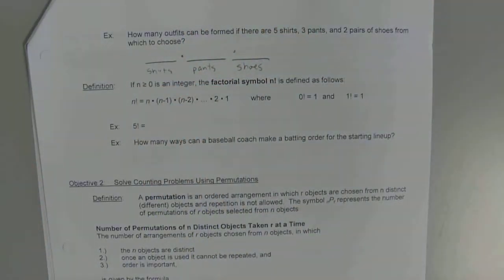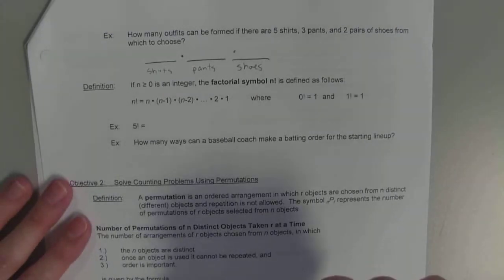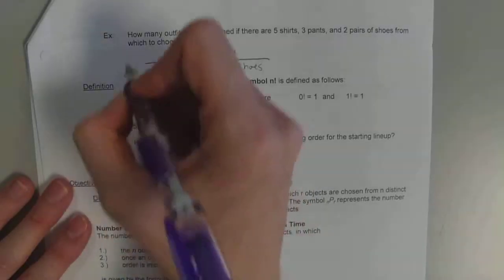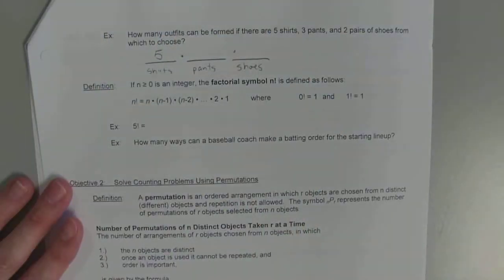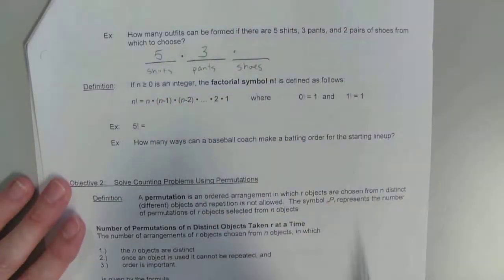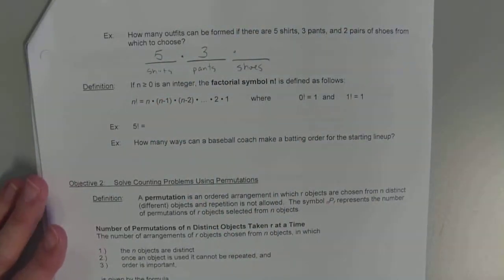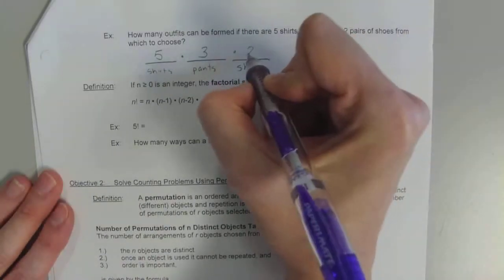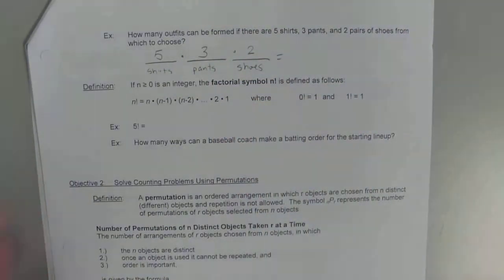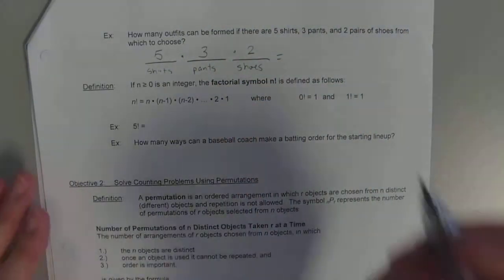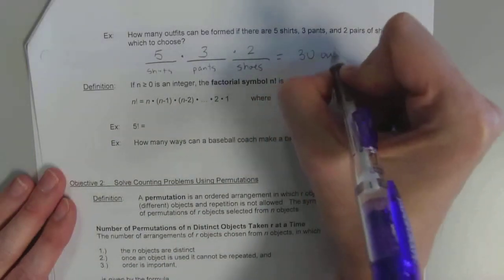When you go to pick a shirt for the day, how many total options do you have? 5. When you go to pick your pants for the day, how many total options do you have? 3. And assuming your shoes match every outfit, how many pairs of shoes do you have? 2. This blows my mind, guys. With that little amount of clothing, you actually have 30 different outfits that you can make.